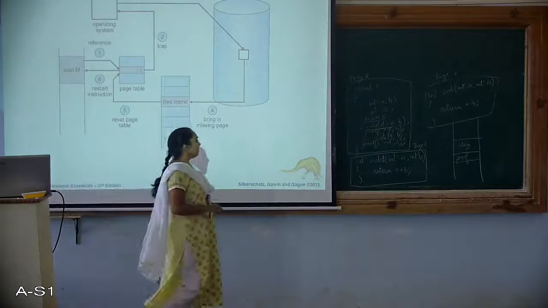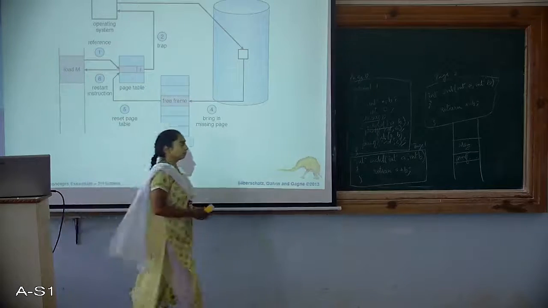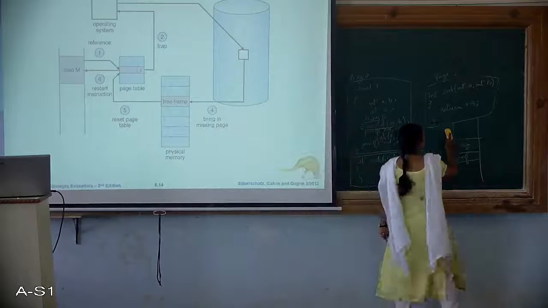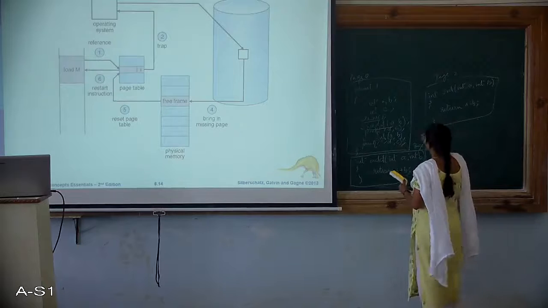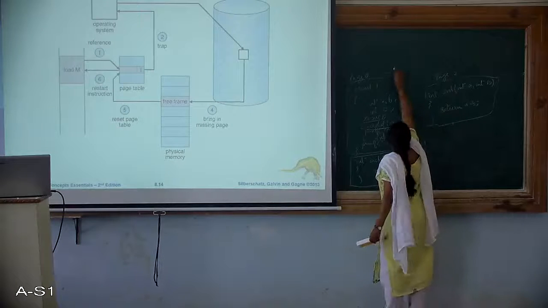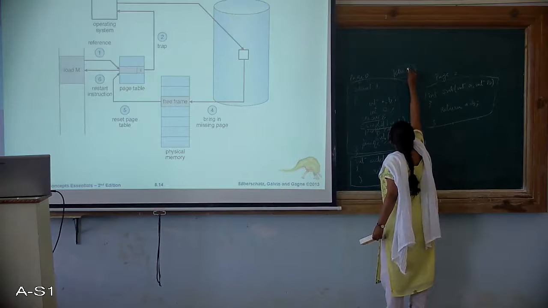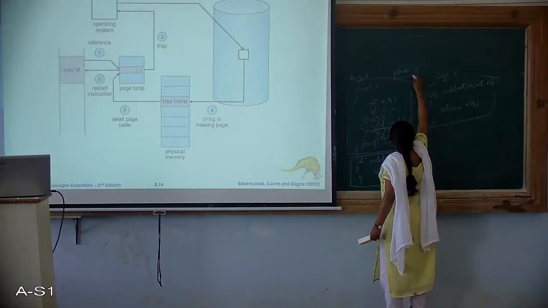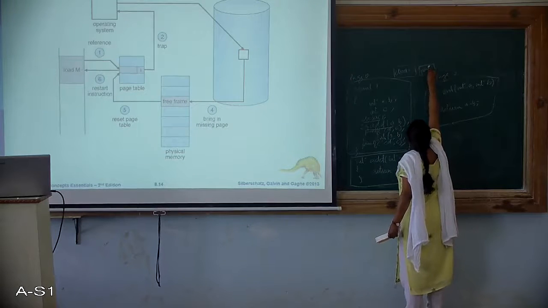Let's understand the same thing with a diagram. Now, I'll explain the same code with the help of this diagram. Apart from add and subtract, we have a page for CLR-SCR, and we have one more page for printf.